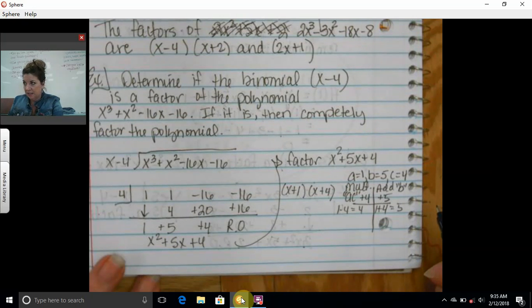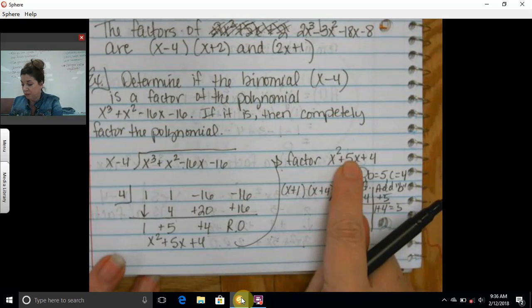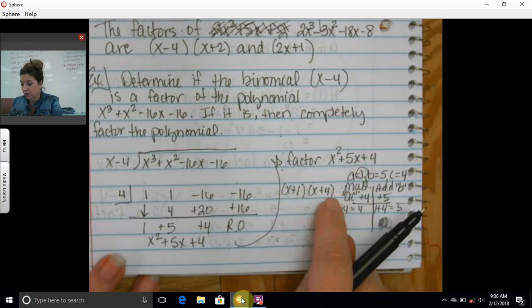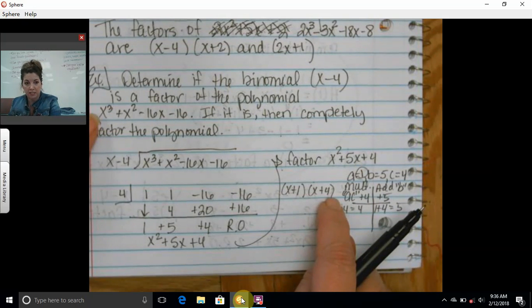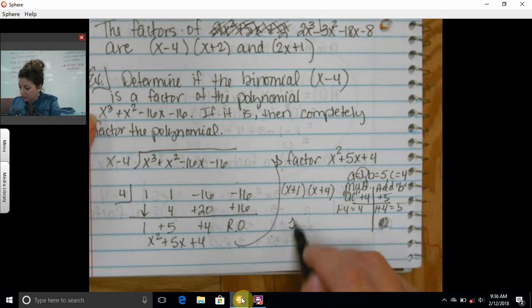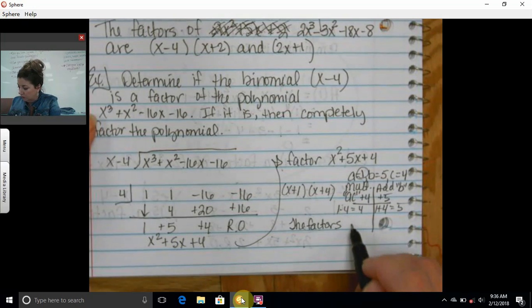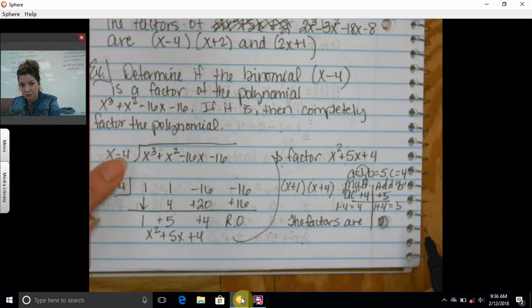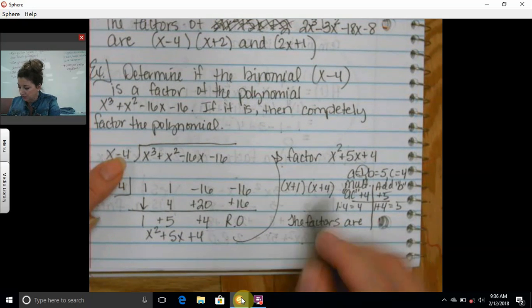Do we need to divide and slide? Nope, because A is 1. So the factors of x squared plus 5x plus 4 are x plus 1 and x plus 4. It wants to know the factors of x cubed plus x squared minus 16x minus 16, right? So the factors are, don't forget the x minus 4, that was our divisor.